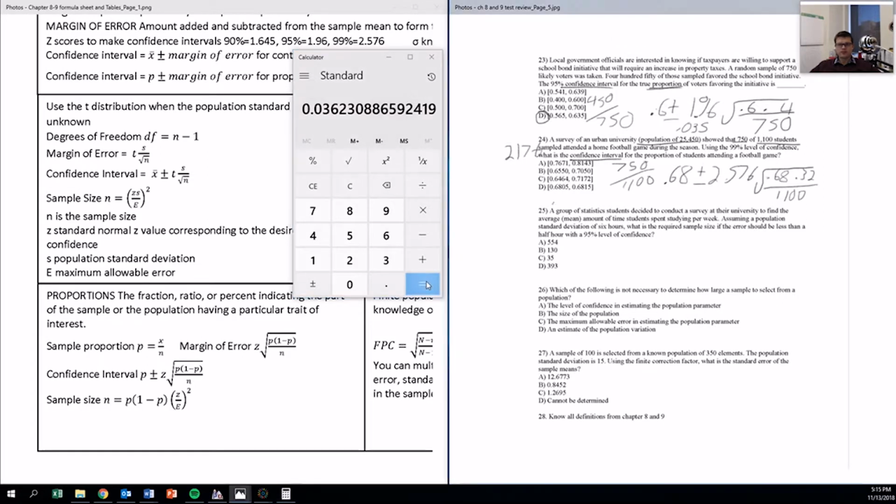But we have an additional piece of information. The population of 25,450. Now that we have this additional piece of information, we can say the population isn't infinite. We can adjust this to reflect the population, and we're going to use the finite population correction factor.